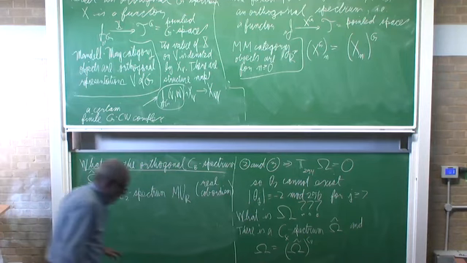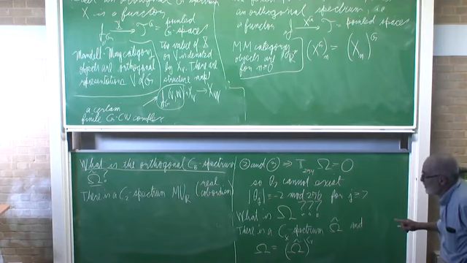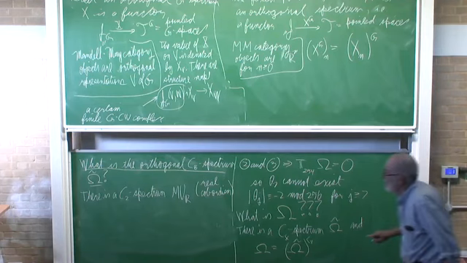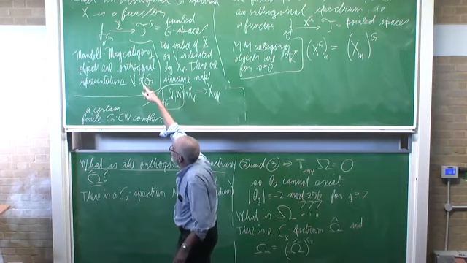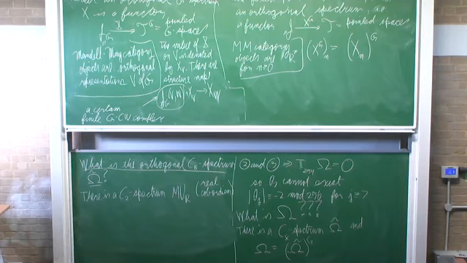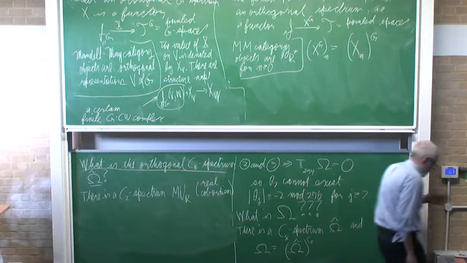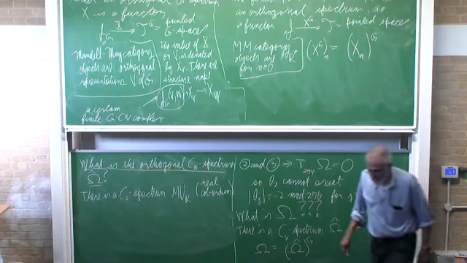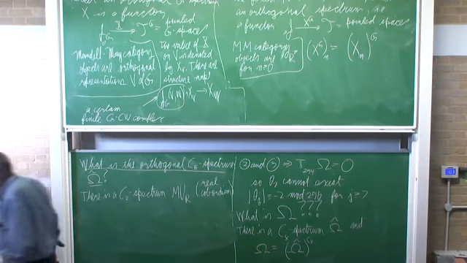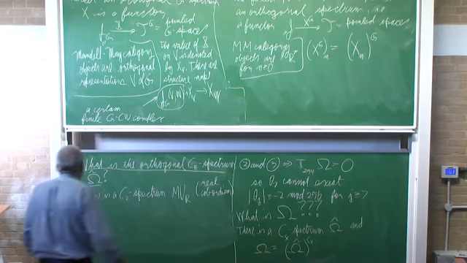I will tell you part of the story. So it's a C2 spectrum. That means, in terms of this definition, it's a collection of C2 spaces, one for every orthogonal representation of C2. Now, I'm not going to tell you what all of those spaces are, but I am going to tell you what some of those spaces are.